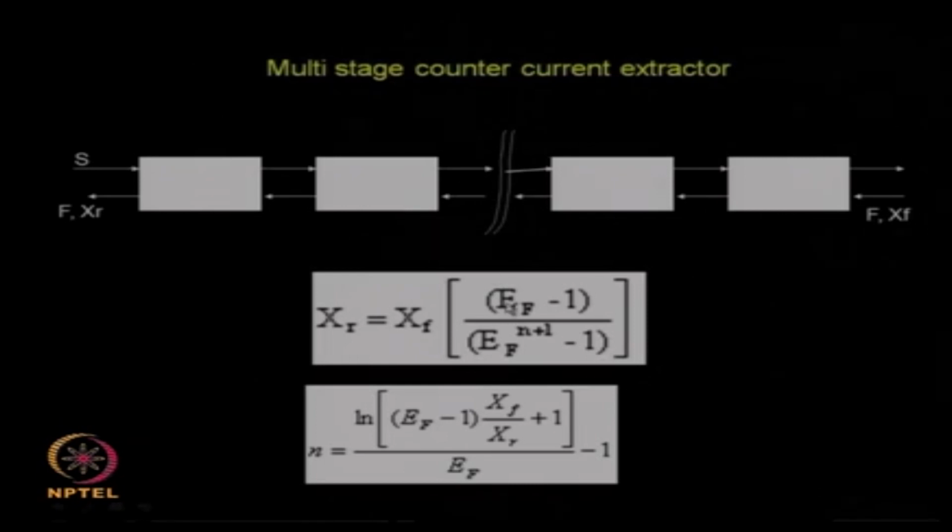So the E remains constant in each stage, and N here in the denominator is the number of stages. So this is the equation for a multi-stage countercurrent process. If you remember the previous equation for a system where you have cross flow, and if you look at this countercurrent, both are very different types of equations.